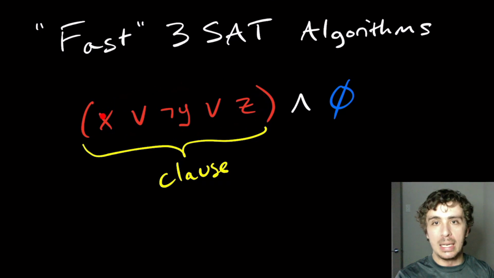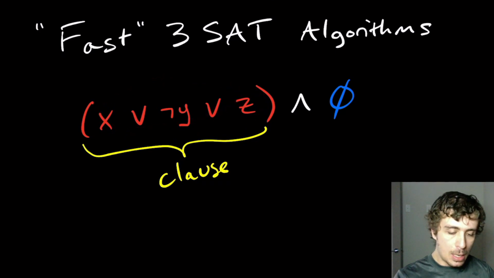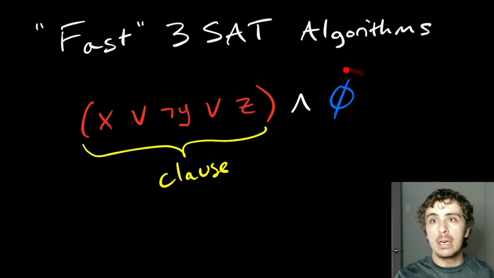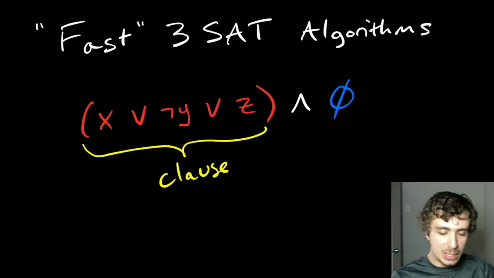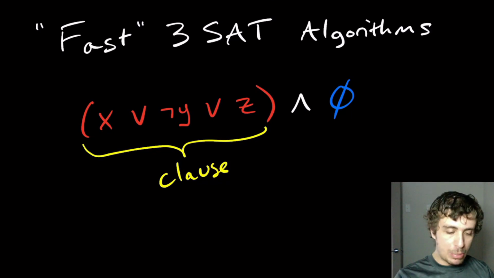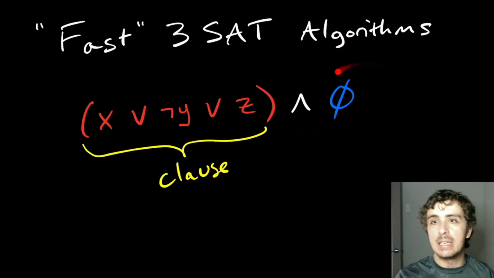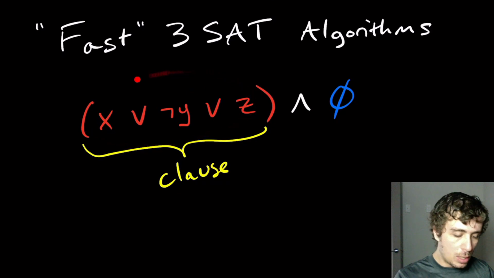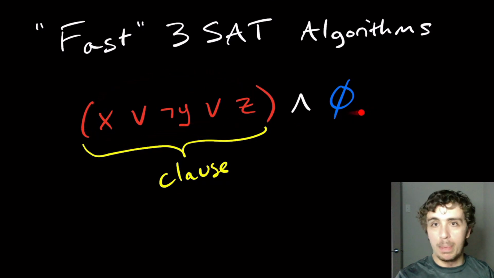This clause is true. Okay. This phi over here can be a whole set of clauses because of ANDs in between. So this 3-SAT formulation is a clause Boolean ANDed with a whole bunch of other clauses.